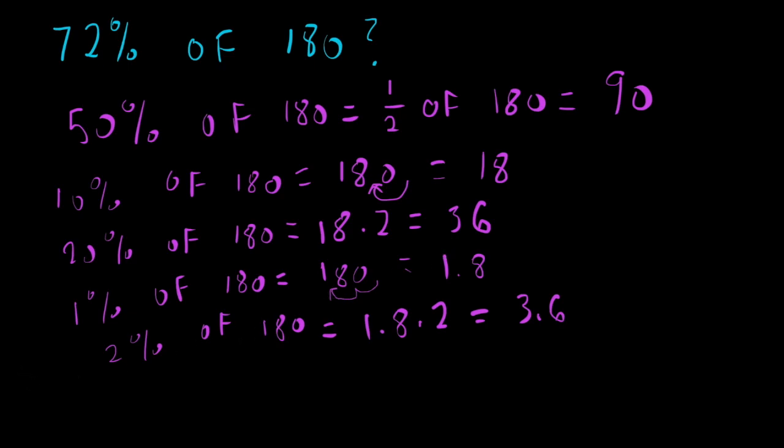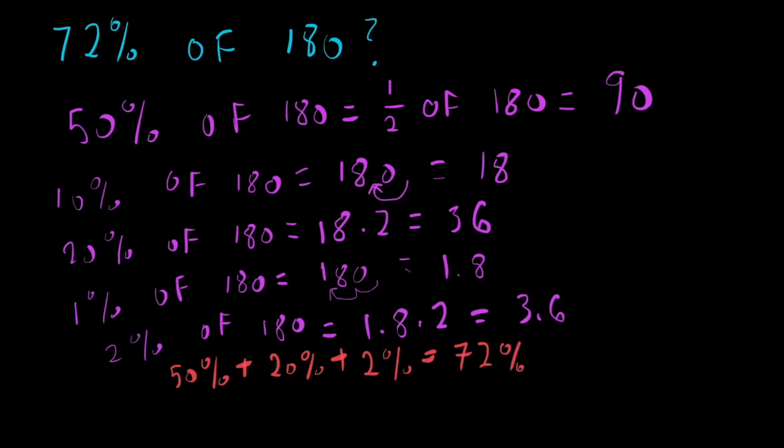So again, bringing it all together, we know that 50% plus 20% plus 2% is equal to 72%.